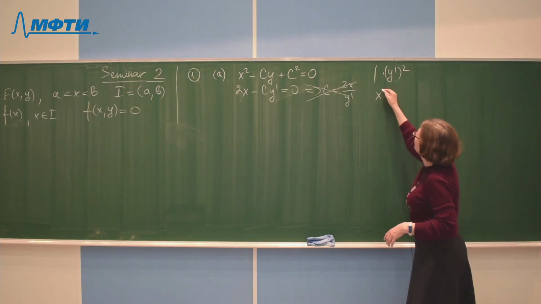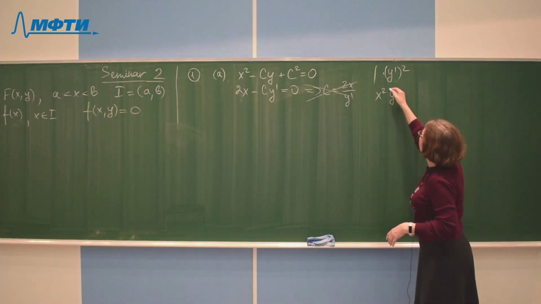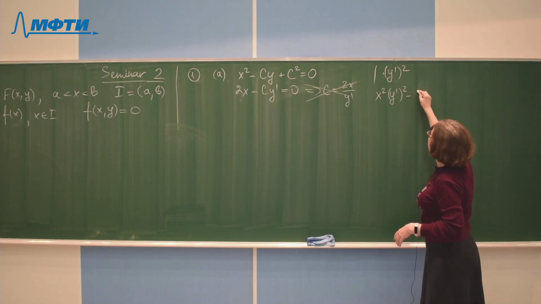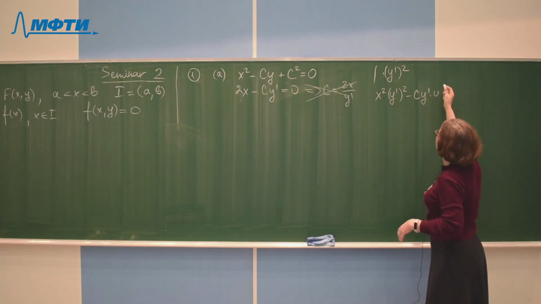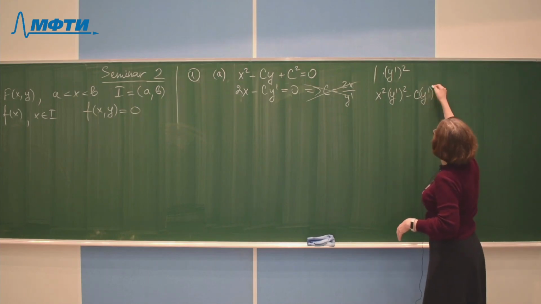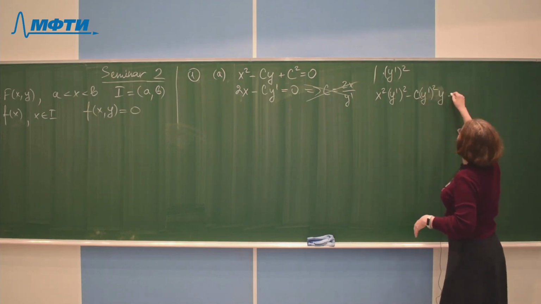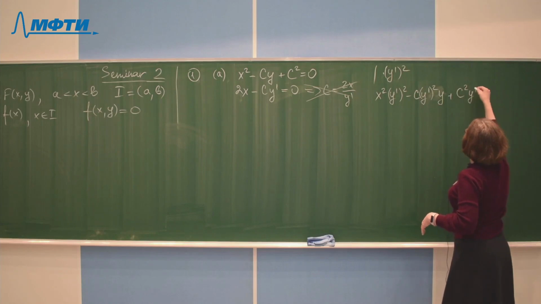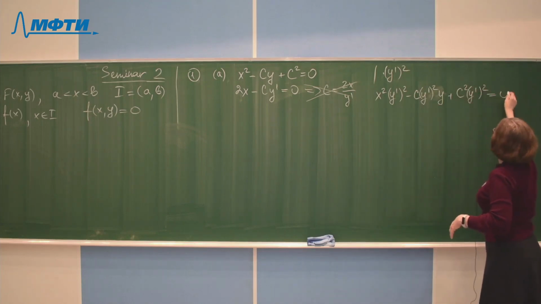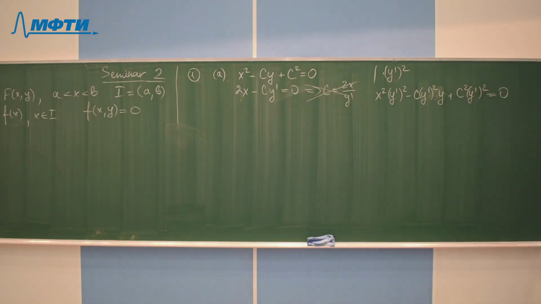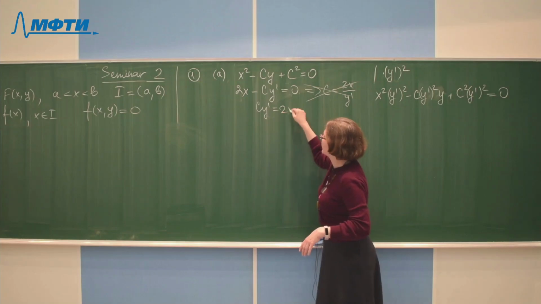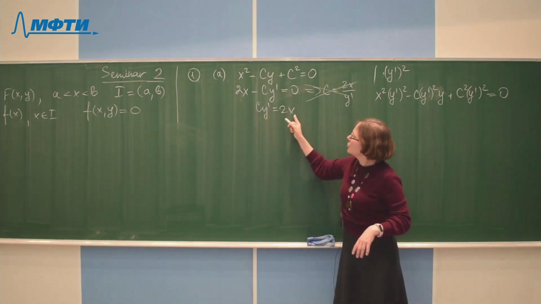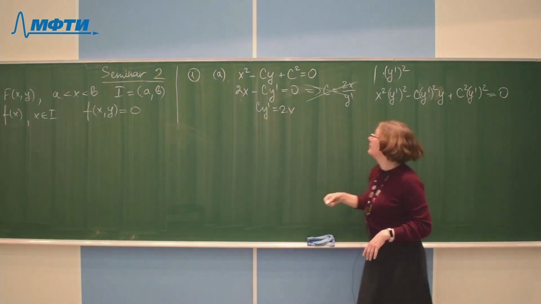And we will get the following: x squared y prime squared minus c y prime times y prime times y plus c squared y prime squared equals 0. Then I know that c y prime equals 2x. And then substitute 2x for c y prime.